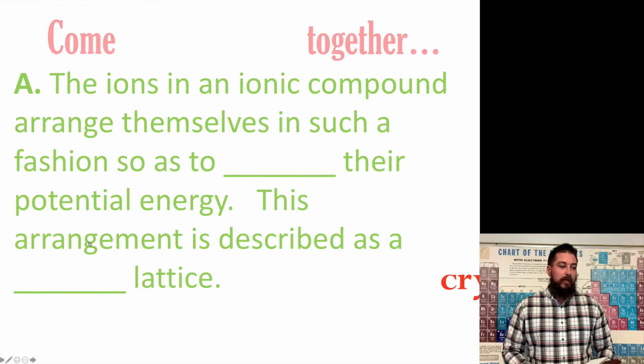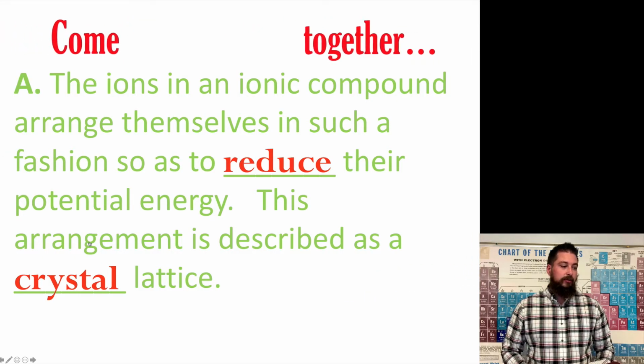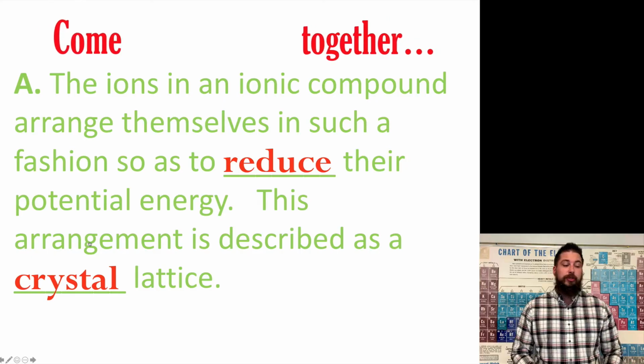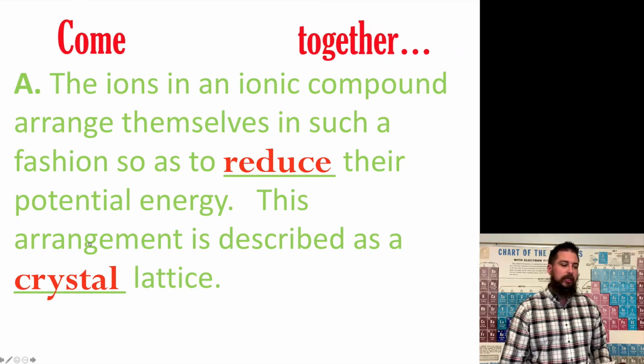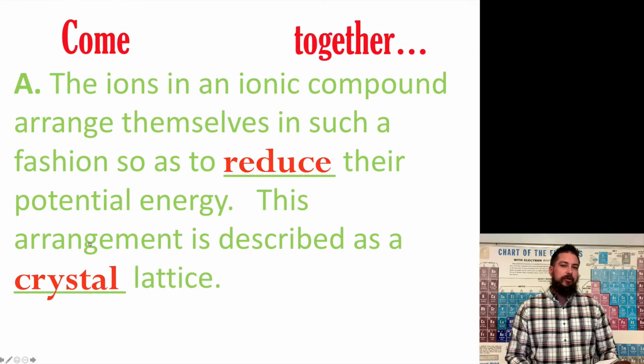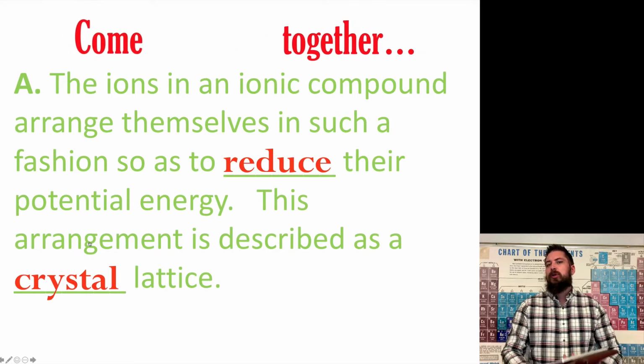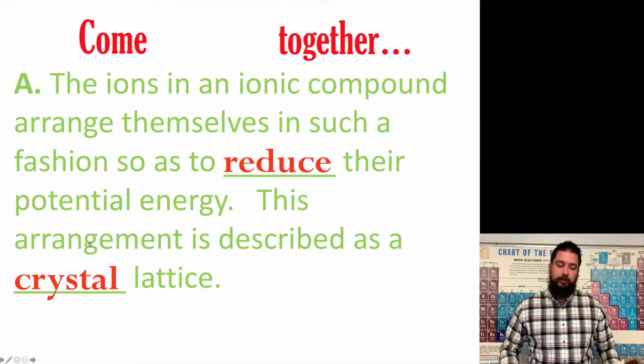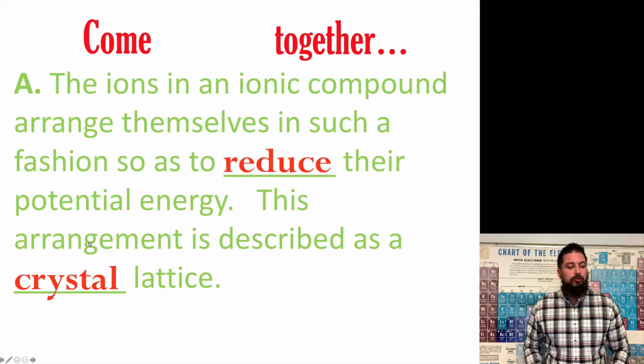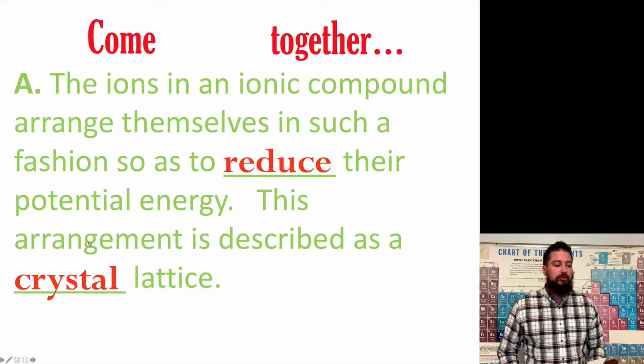The ions in an ionic compound arrange themselves to reduce their potential energy. They come together so that each is surrounded by many different ions it is attracted to. This arrangement is called a crystal lattice.